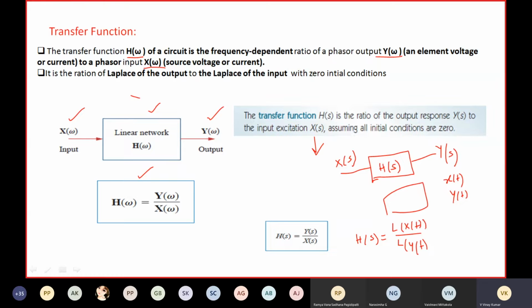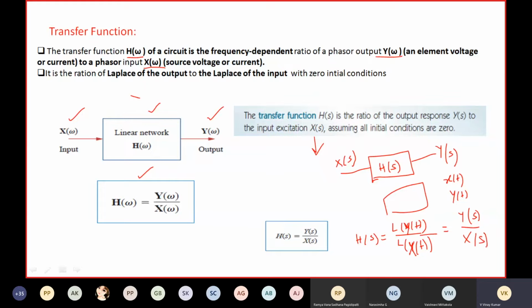Laplace of y of t is y of s, and Laplace of x of t is x of s. So h of s is equal to y of s by x of s.